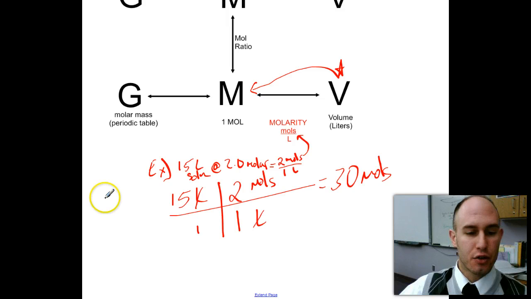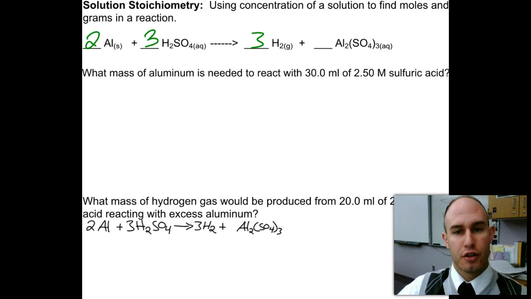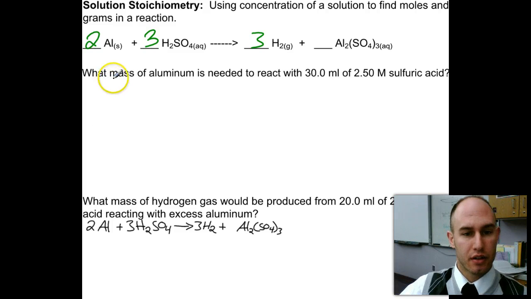So let's put that to use when we actually do a sample problem. Here we're using solution stoichiometry to determine the mass of aluminum. So my unknown is grams of aluminum, needed to react with 300 mL of sulfuric acid.